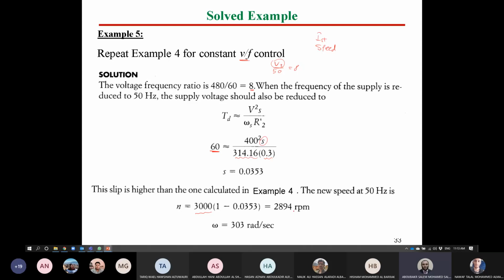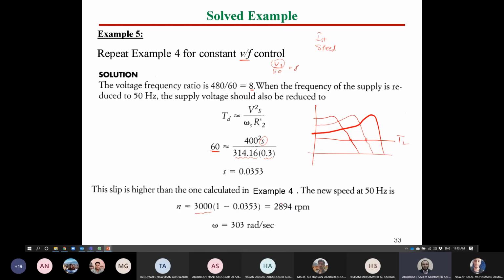So there is a speed reduction. This is expected because we decrease the voltage and frequency according to the characteristic for V over F control. If this is the natural characteristic, you will find the others moving like that, and so on. So we expect, for the same constant load torque, if we reduce the frequency, we will have lower values of speed. So the result is logical.